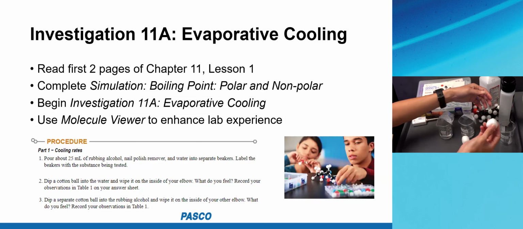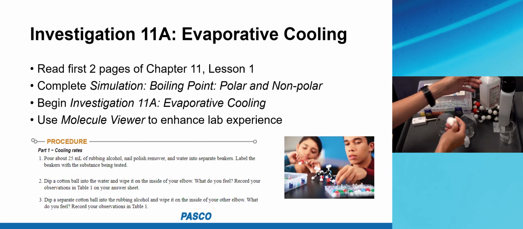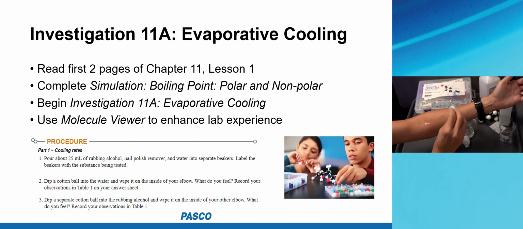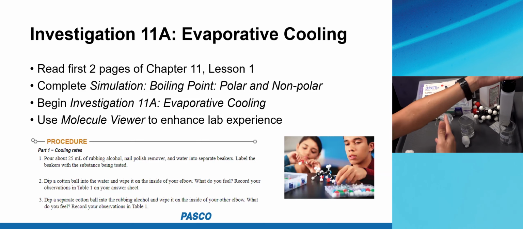So take a cotton ball, dip it in the water, dab it a little on the side. Oops. And wipe the cotton ball on your arm and describe what that feels like. So here's some qualitative experience. They're experiencing what's happening here, and student lab partners would describe to each other what they feel.